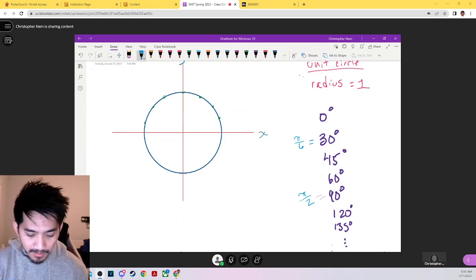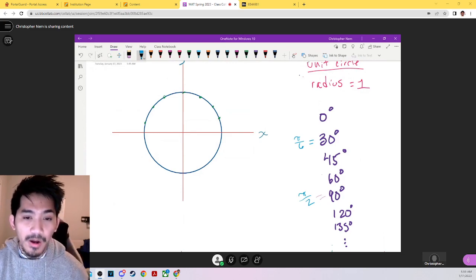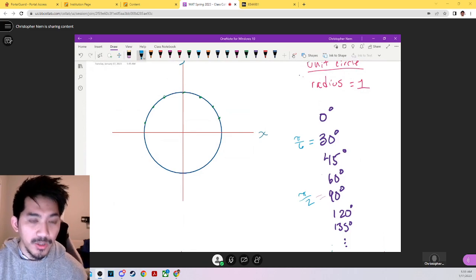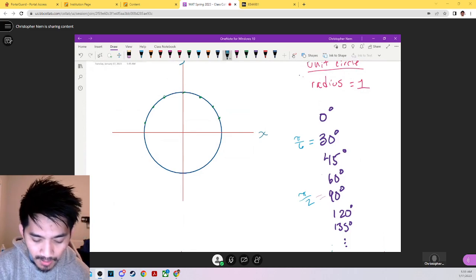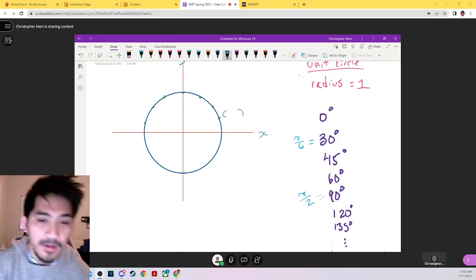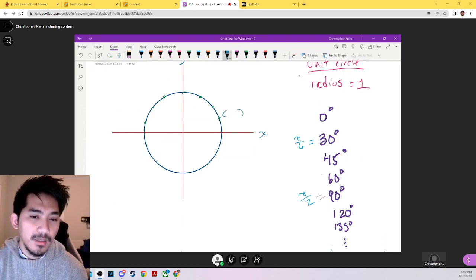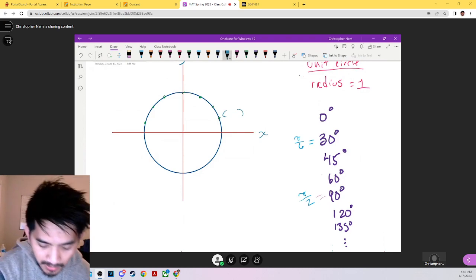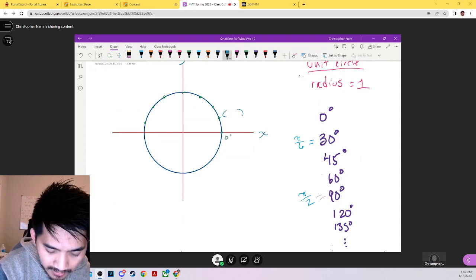So now let's talk about how to actually figure out the location of these ordered pairs. How do I figure out the x and the y value of this coordinate right there? Well, in our list, we're going to start off over here at 0 degrees.